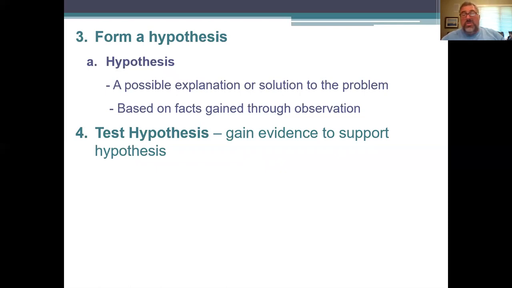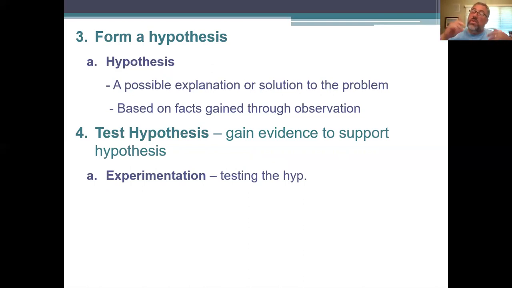Now, how many times should we test? I don't know, but you do it enough times to verify that this is the right solution to this question. We call that experimentation, testing a hypothesis. You want to only have one variable, or one thing that you change at a time, and the rest is controlled, or control variables, right?